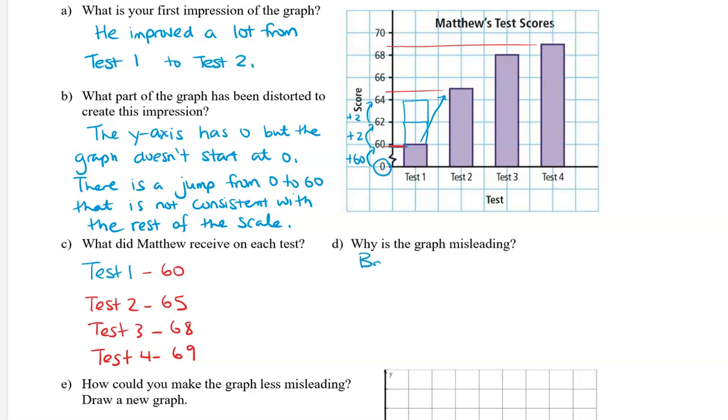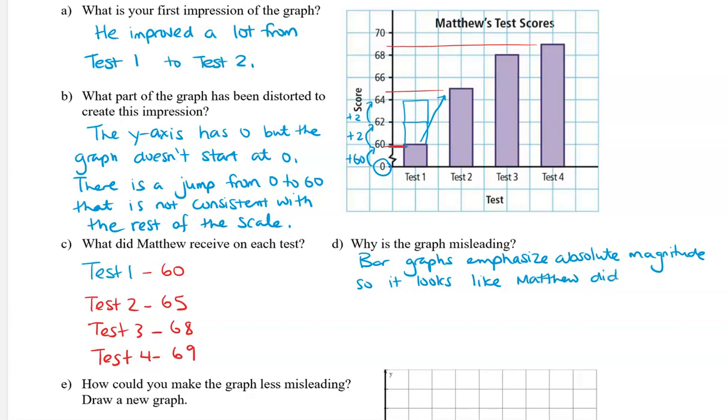So bar graphs emphasize absolute magnitude. So it looks like Matthew did 3 times better on test 2 than test 1.